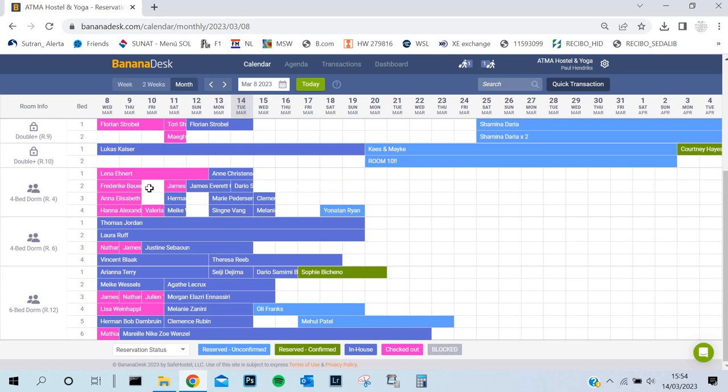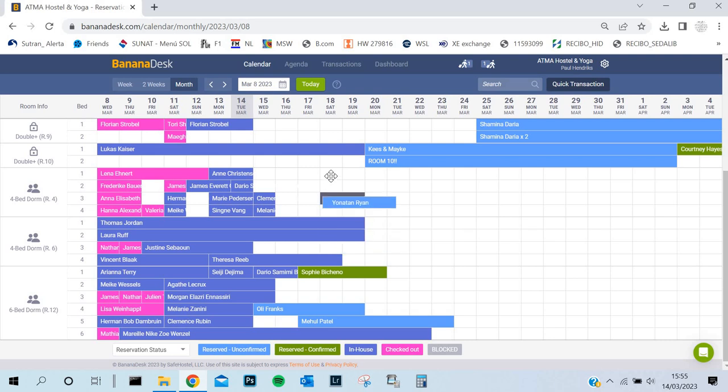And then we go to the next thing, what you need to understand is that we have 2 4-bed dorms, right? We have room 4 and room 6. They are both 4-bed dorms. And this person has booked a 4-bed dorm. He is not here yet. I can also say I will put him in room 6 because that's also a 4-bed dorm.